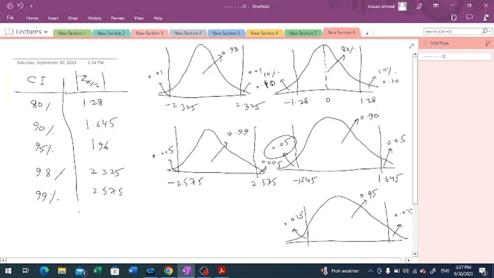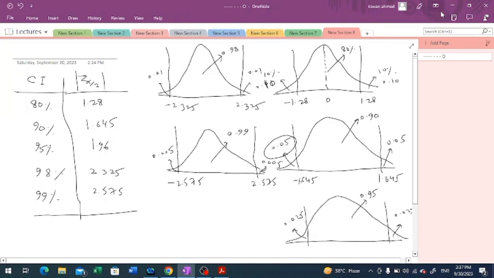So these are the 5 commonly used confidence intervals and their corresponding z values that we'll make use of whenever we are asked to construct a specific percentage of confidence interval to estimate the population mean.